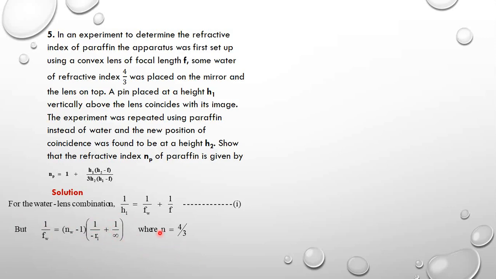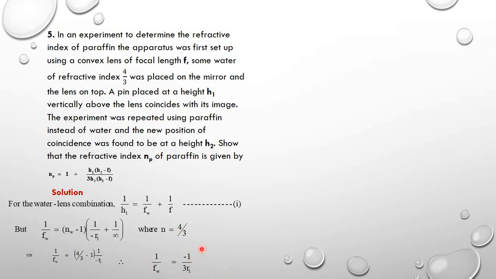Remember, it is going to be plano-concave for that water lens, and the lower part is flat, where n is 4 over 3. When you substitute 4 over 3 here, 1 over infinity is 0. So we make 1 over fw the subject, and we get 1 over fw as negative 1 over 3R1.